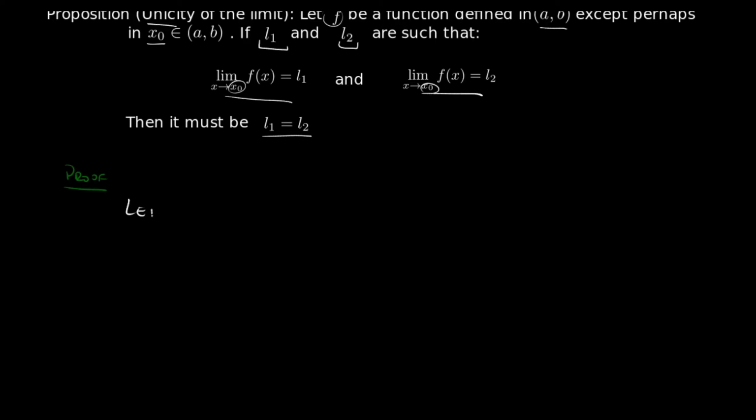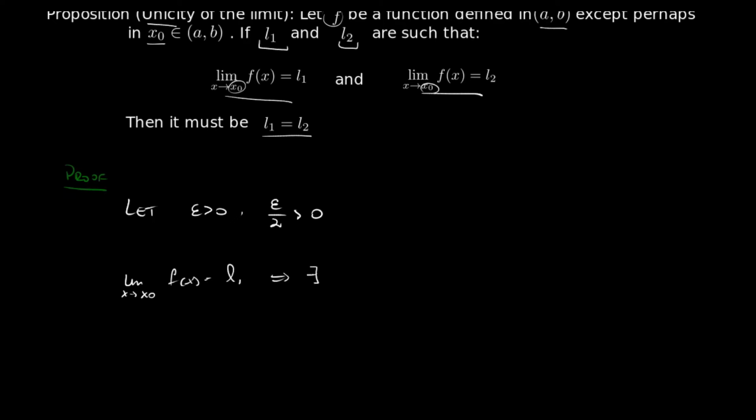We first start by defining an epsilon that's greater than 0 so we can use the definition of a limit. Now if epsilon is greater than 0, then epsilon over 2 is also greater than 0. And we know that the limit when x tends to x0 of f of x is equal to L1.